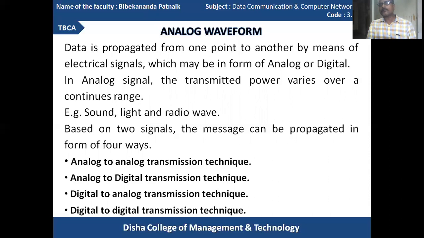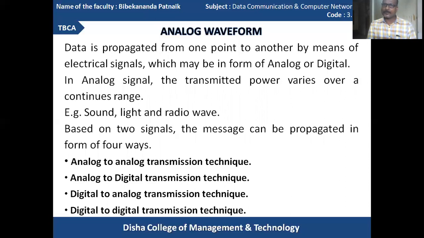Based on digital and analog signals, the message can be propagated in four ways. Number one, the conversion technique between analog to analog. The second one is analog to digital transmission technique. The third one is digital to analog transmission technique.